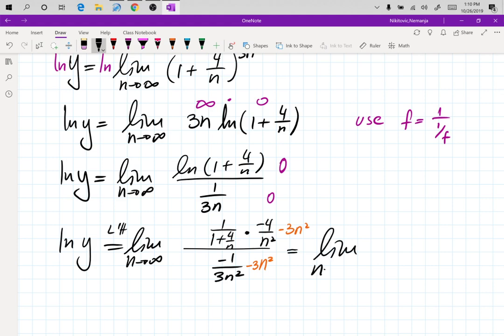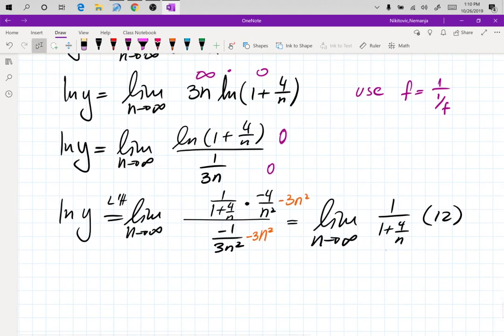So I have the limit as n goes to infinity, and over here the denominator cancels completely. I have 1 over (1 plus 4 over n), and then the negative cancels the negative, n squared cancels the n squared, so I just get 12. You can see the 12 forming, right?